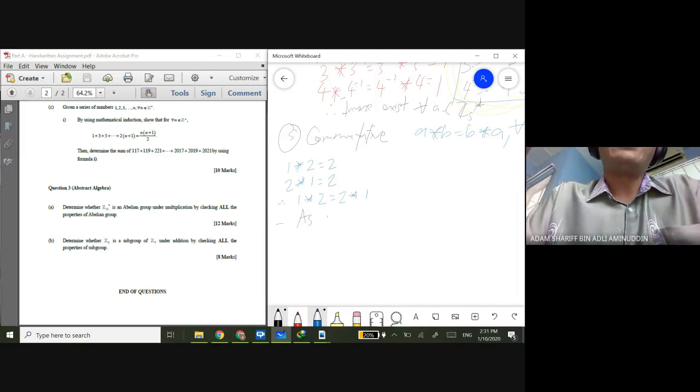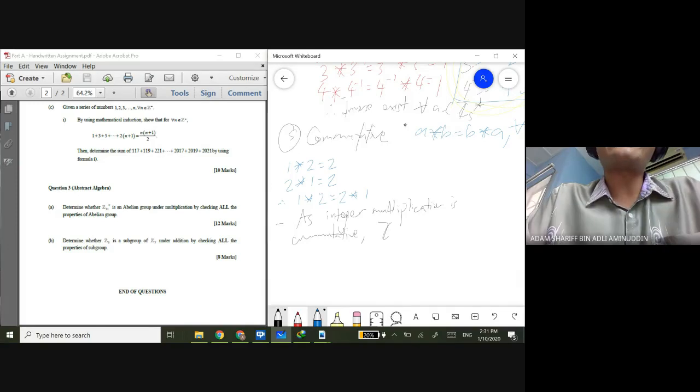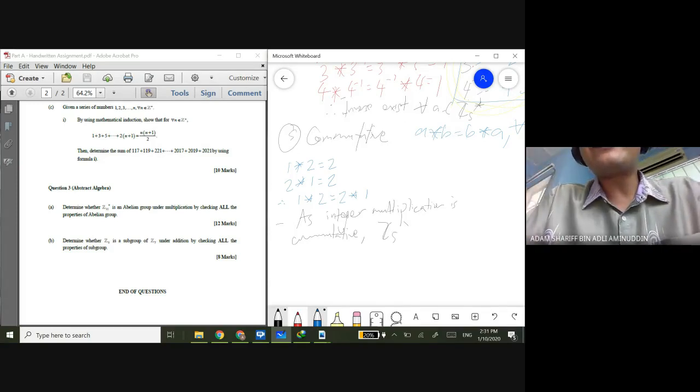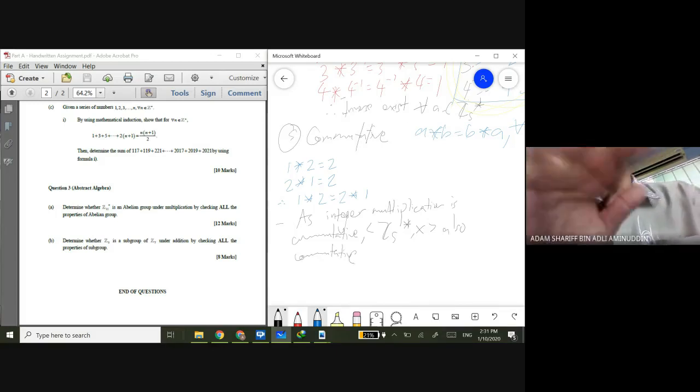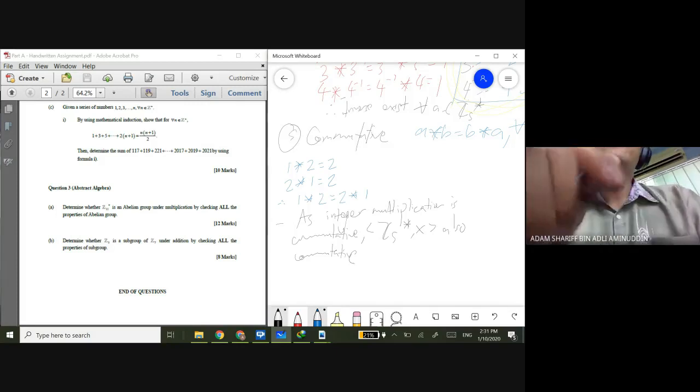As integer multiplication is commutative, therefore Z5 star under multiplication is also commutative. Enough. Tak perlu mention satu-satu.